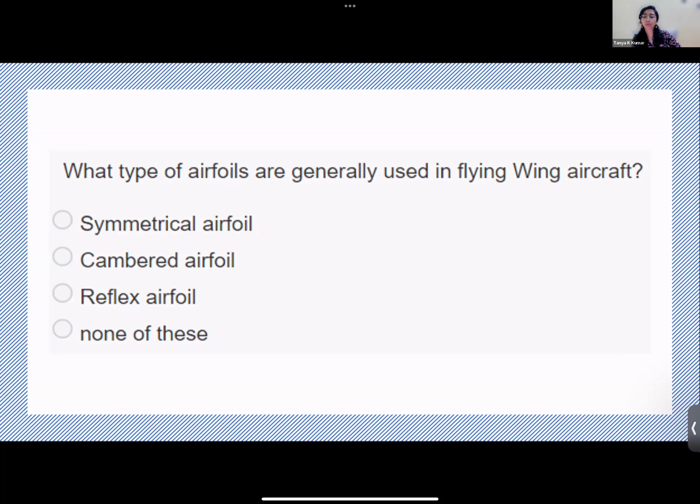What is the difference between reflex and cambered? Why are we preferring a reflex? Reflex is the right answer, okay? So it is reflex. So why or how is the reflex airfoil different?